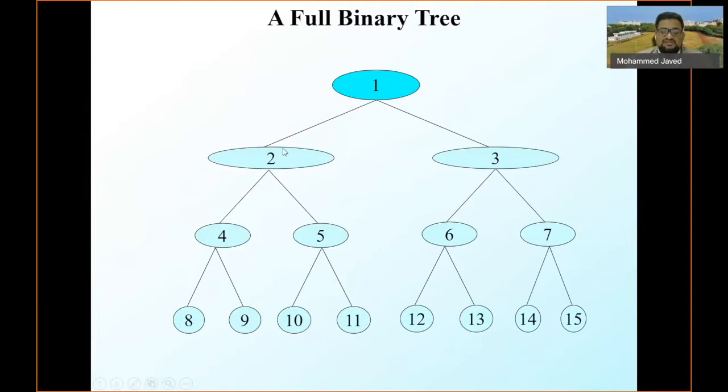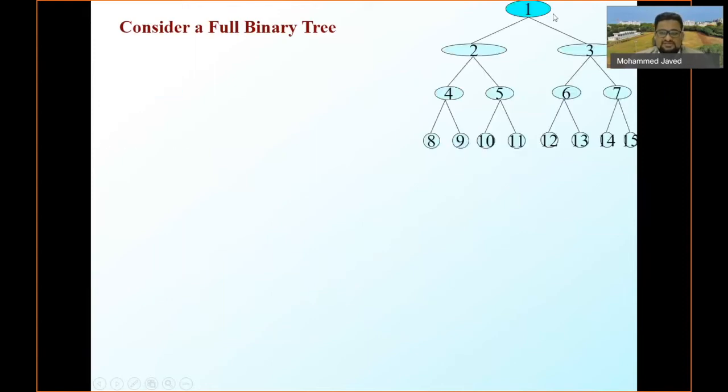In this example, you can see that except at the last level, every node has 2 children. So this is a full binary tree. Now let us consider a full binary tree. The example is shown here, containing the total.